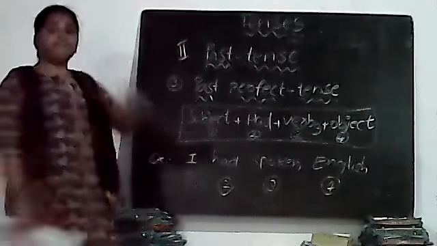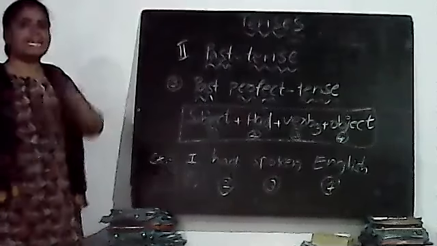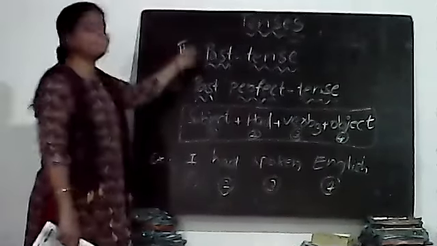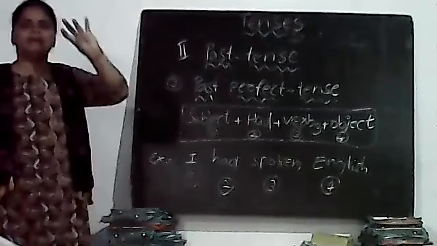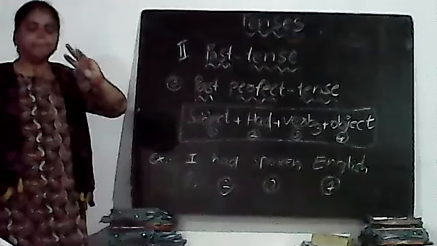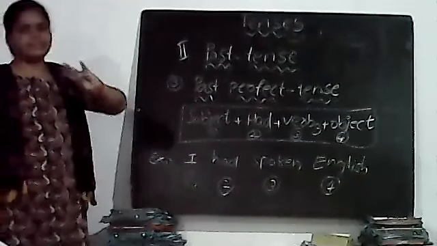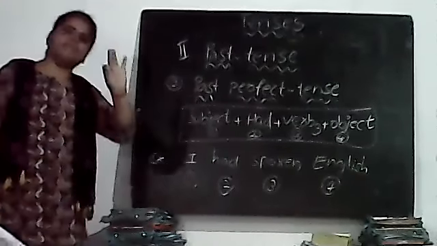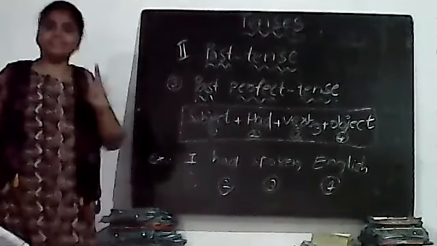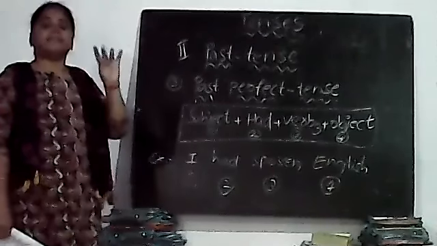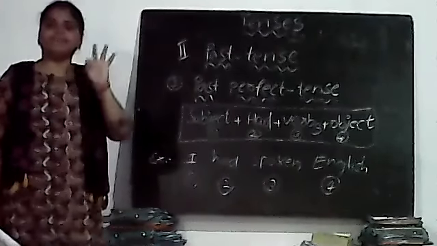So next, finally, the last tense. The past tense has 4 divisions: simple past tense, past continuous tense, past perfect tense, past perfect continuous tense. And present tense: simple present tense, present continuous tense, present perfect tense, present perfect continuous tense.